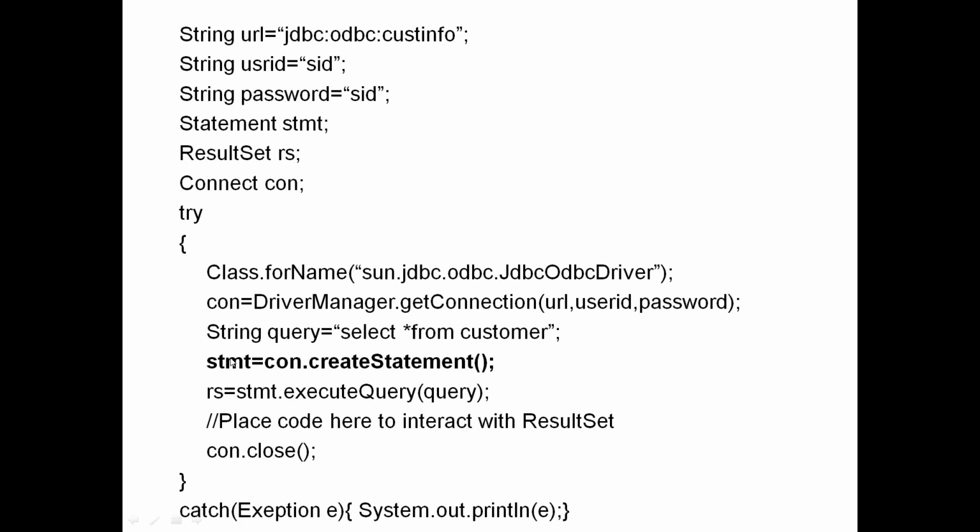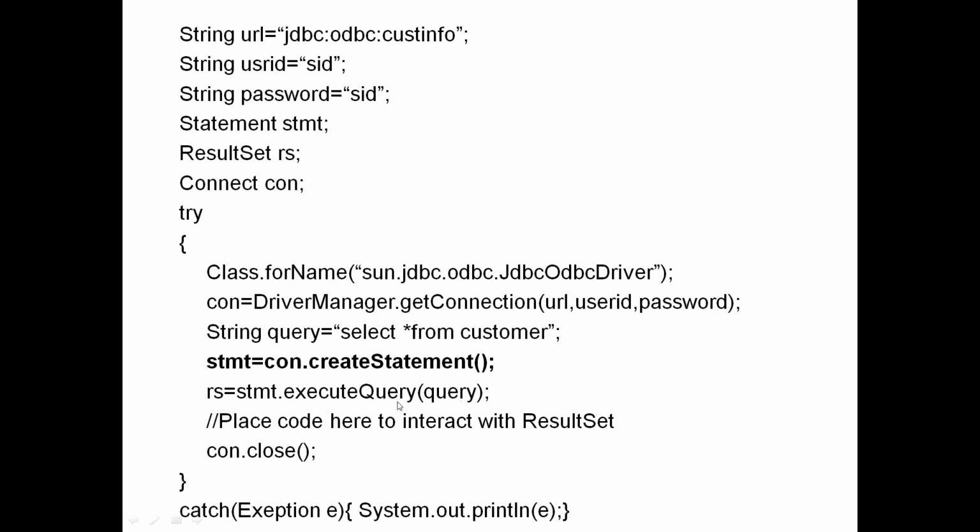Once we have a statement here, we can execute the queries. You can see stmt.executeQuery. The method used here is executeQuery, because we are executing a select query, and we are passing our query as an argument: select star from customer.